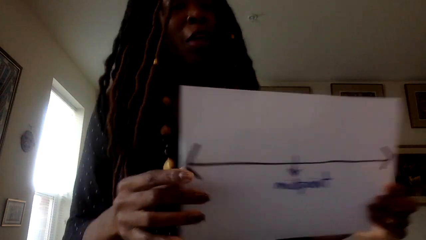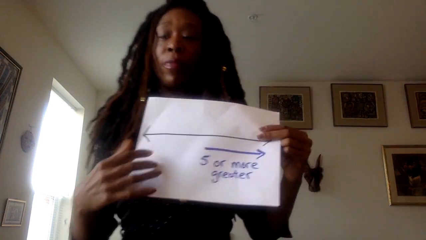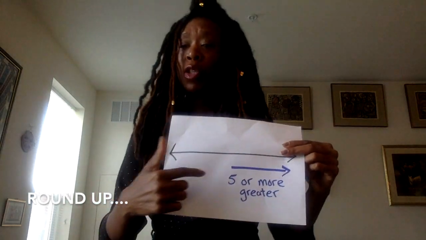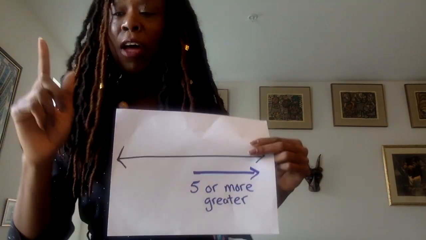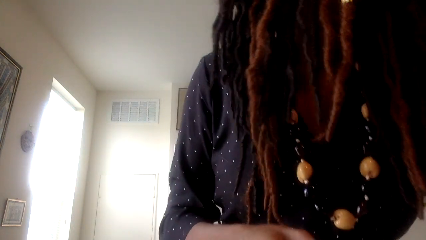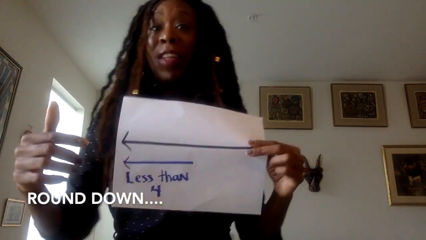Midpoint. When the number to the right is 5 or more, what do? Round up. When the number to the left is 4 or less, what do? Round down. Rounding, rounding, rounding, I go.